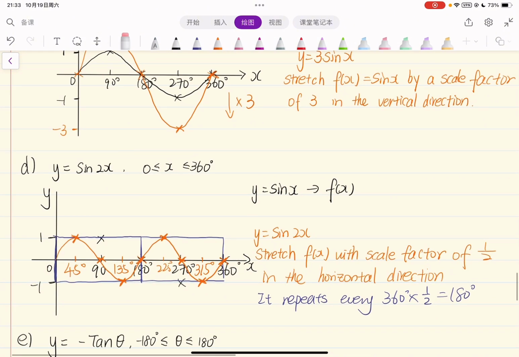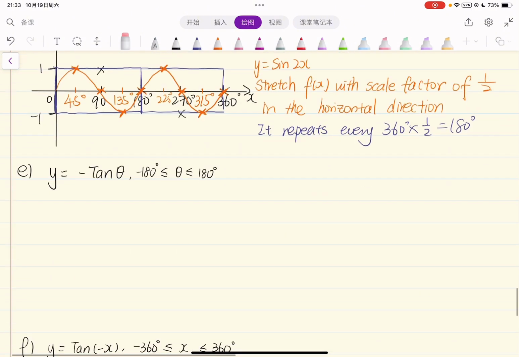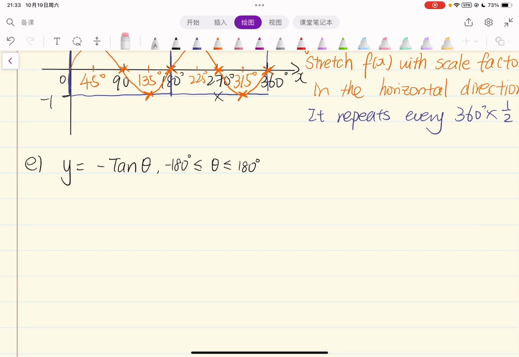Now move on to the part E question. It asks you to sketch y equals negative tangent theta, where theta is between negative 180 degrees and 180 degrees. Let us see y equals tangent theta, that is f theta.